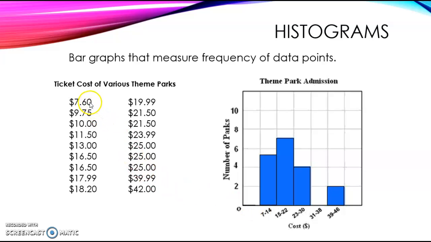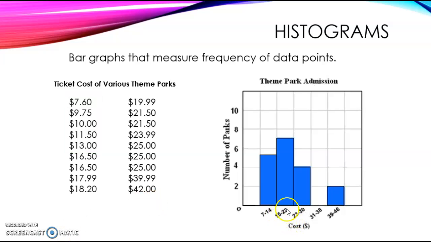In this list on the left-hand side, and it's already in order, we have 5 different ticket prices that are between $7 and $14. And that is why the bar of this graph is at the value of 5.